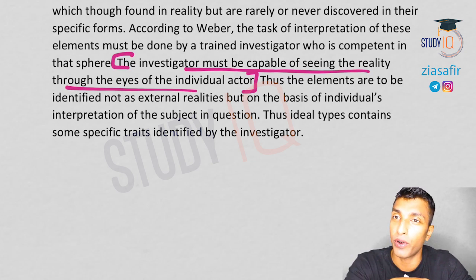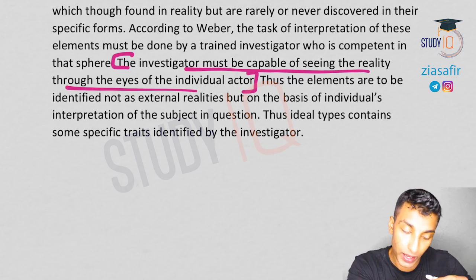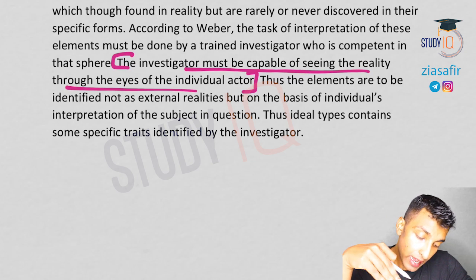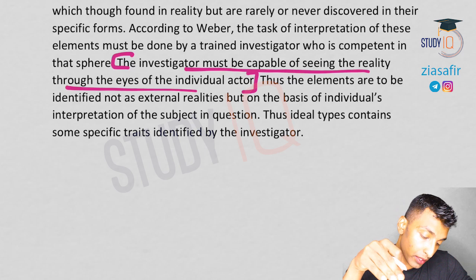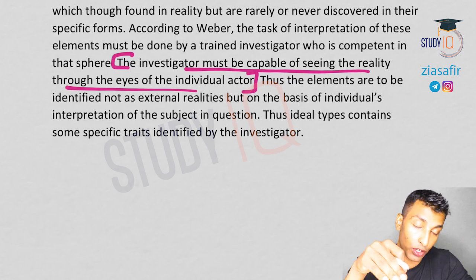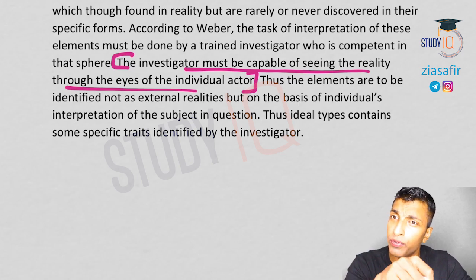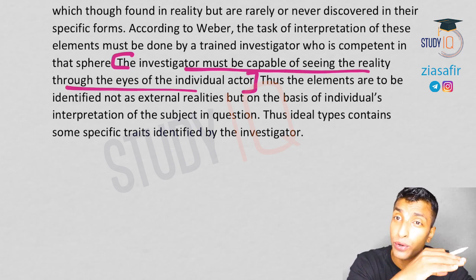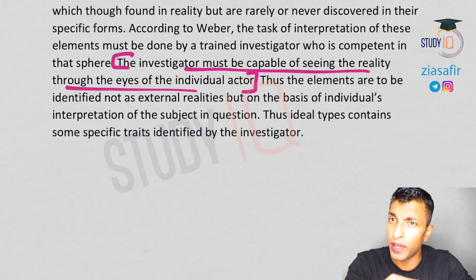I have told you the same point when we discussed Verstehen. Okay. Thus, the elements are to be identified not as external realities, but on the basis of individuals' interpretation of the subject in question. I've told you when it comes to Durkheim, he is stressing external reality. Individuals act according to the external reality. You are preparing for this exam because of the pressure of society. Okay, but Weber says no, that's not the case.